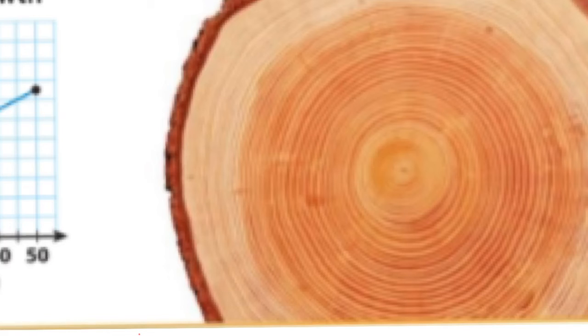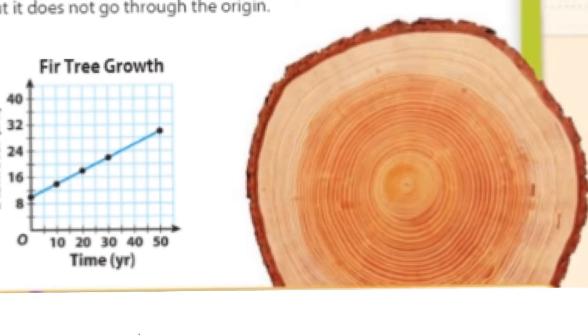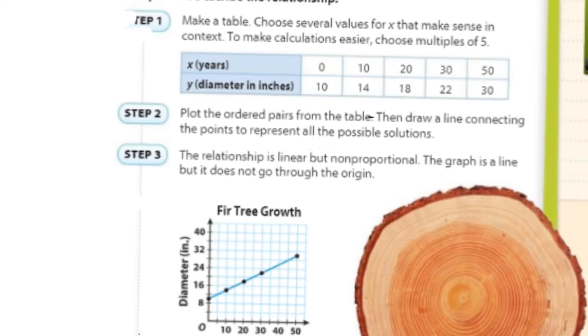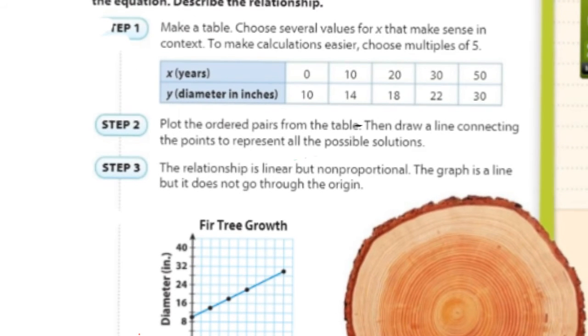And when the rings are closer together, like in here, these were poor growth years. Perhaps there wasn't enough sunlight, there weren't enough soil nutrients, or there was a lack of water. So that's why you have different ring widths in a tree.